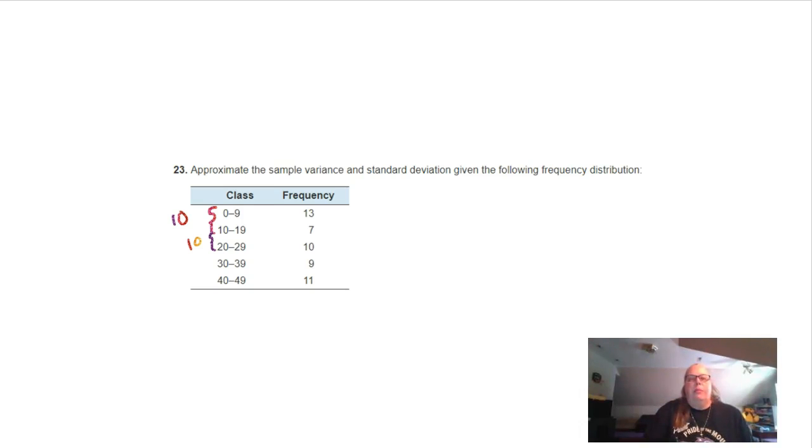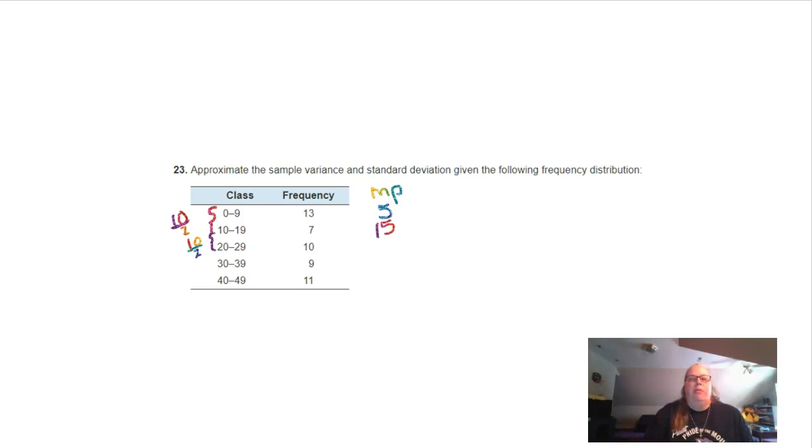Now the midpoint is just going to be 10 divided by 2, which is 5. So the midpoint for our first class here is going to be 5. And then the midpoint for our second class is going to be 5 plus 10, or 15.